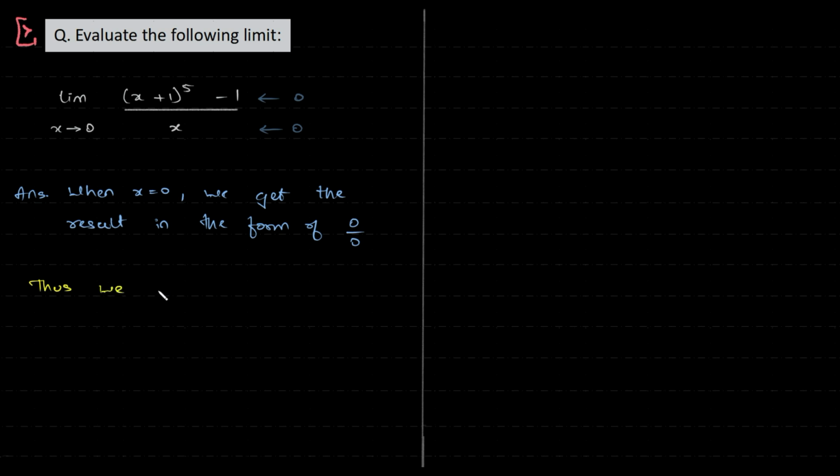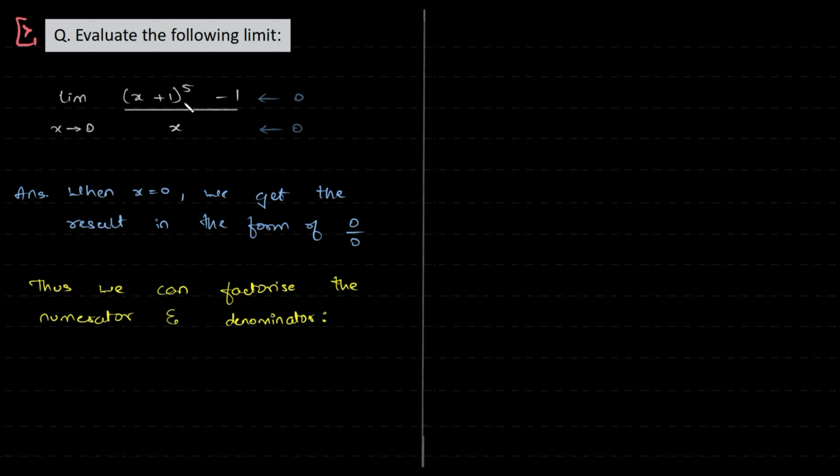Thus, we can factorize the numerator and denominator. To factorize means to simplify this or take common factors and all of that. But here we can see that it is not that simple.